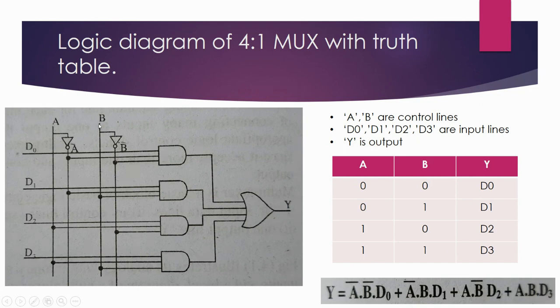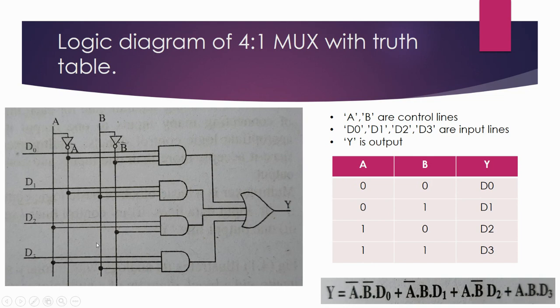When A and B are 1, A is getting 1 and it is getting passed to the fourth AND gate as its first input. The second input, as I have said, both are 1, so B is also 1.